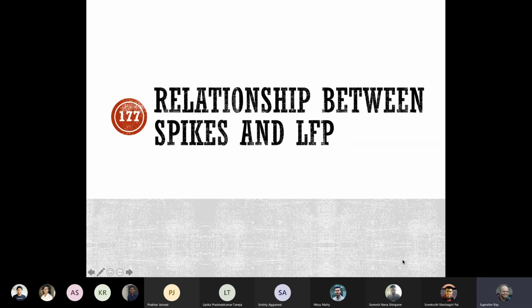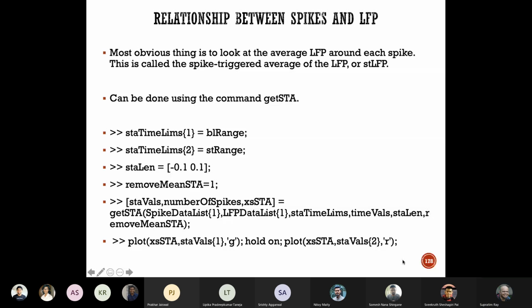A very easy way to look at the relationship between spikes and LFP is to compute the spike triggered average, which is simply the average LFP around a spike. So if you've got an LFP signal that looks like this, and suppose there's an oscillatory component and spikes happen to occur at a particular phase, let's say at the trough of the LFP.